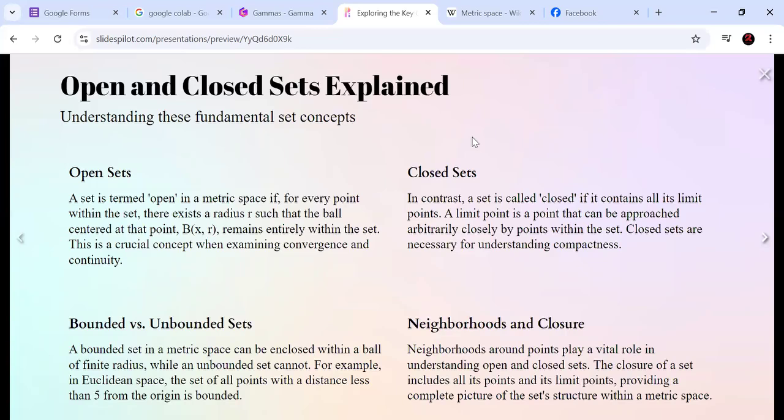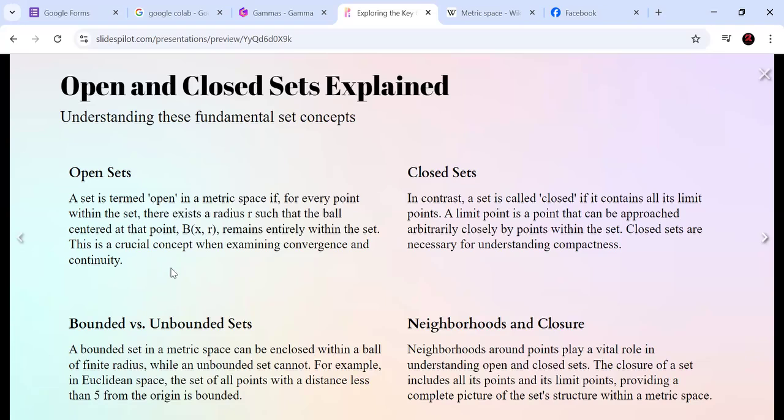So the first thing is that a set is termed open in a metric space if for every point within the set, अगर हमारे पास सेट के तमाम एलिमेंट्स, there exists a radius r such that the ball centered at the point, B of x with x as the center and r as the radius, remains within the set. This is a crucial concept that explains convergence and continuity.